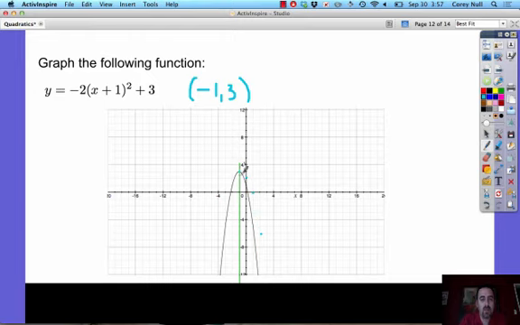So with a typical one that hadn't been stretched by this factor of 2, it would be going over 1, down 1; over 2, down 4; over 3, down 9. But now it's going over 1, down 2, that's the negative 2. Then over 2, down 8, and over 3, down 18. So that's what we're looking at here.